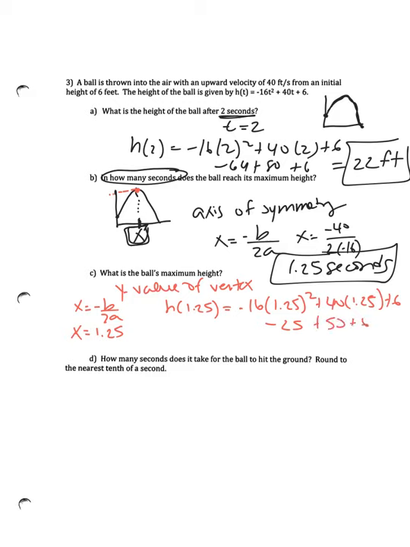So this would be 25 plus 6, which is 31. So the height of the ball at its maximum height is 31 feet. That means you've reached this point here, 31 feet.